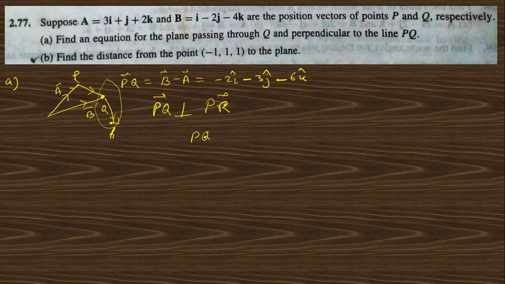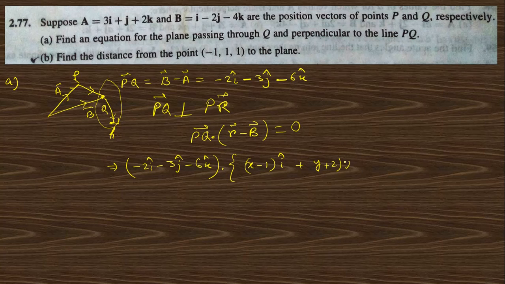So you can say PQ vector dot (R minus Q vector, that is B vector) is equal to 0, and PQ is minus 2 i cap minus 3 j cap minus 6 k cap dot R minus B, that is (x minus 1) i cap plus (y plus 2) j cap and (z plus 4) k cap equals 0.